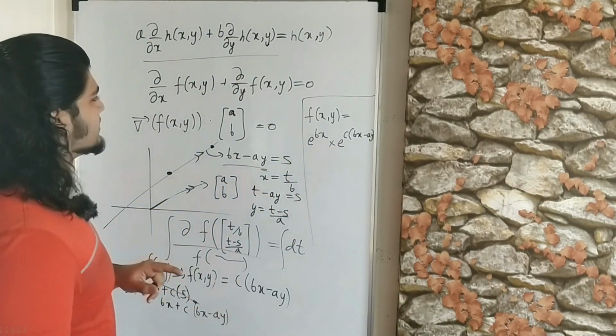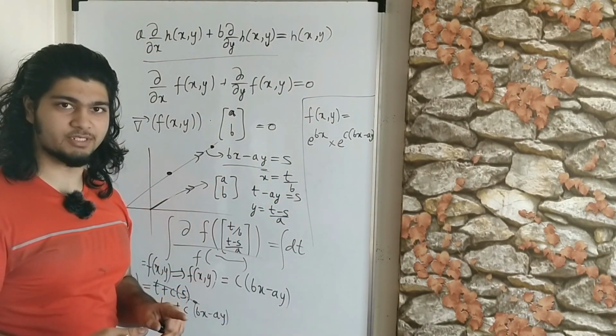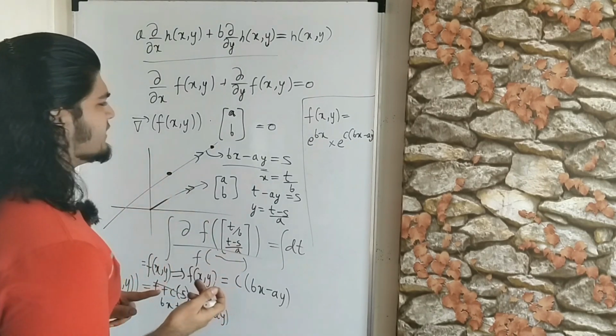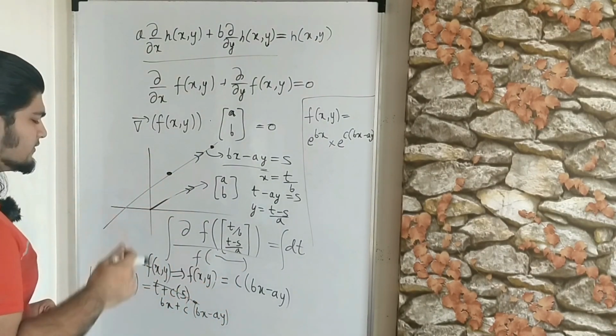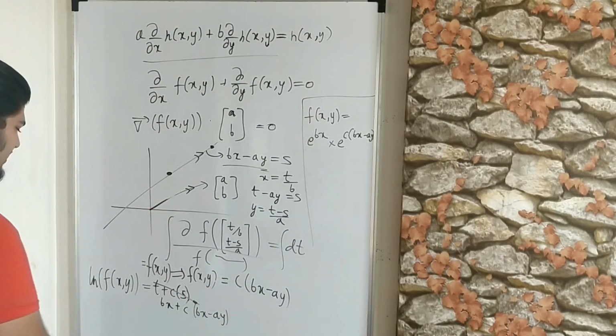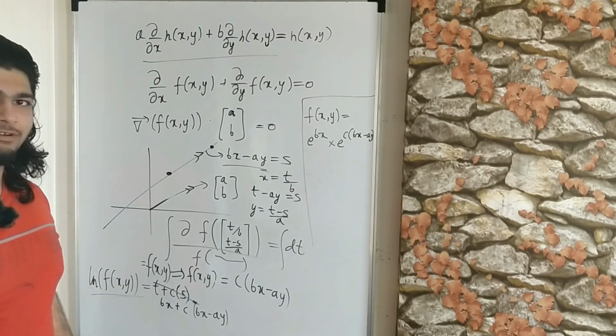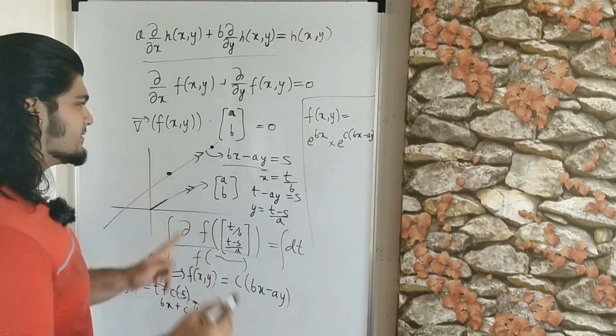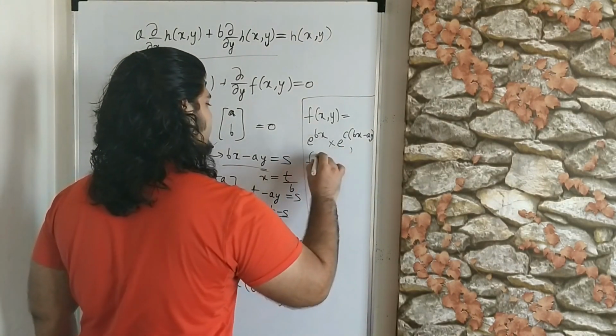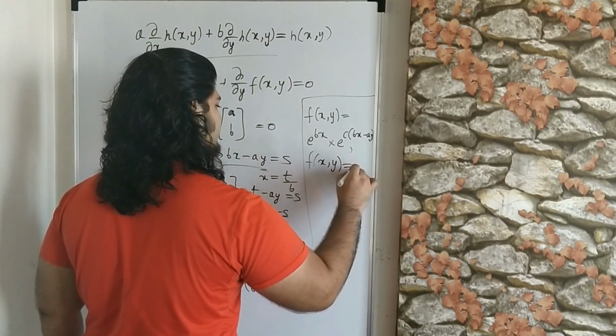So we are completely missing out on f of xy is equal to 0. So where did we go wrong? Well, if f of xy is equal to 0, we can't really take ln, can we? So when we take ln, we have to specifically list that this or f of xy is equal to 0.